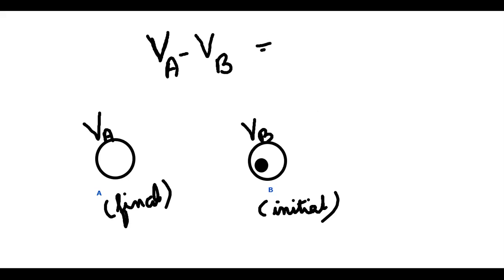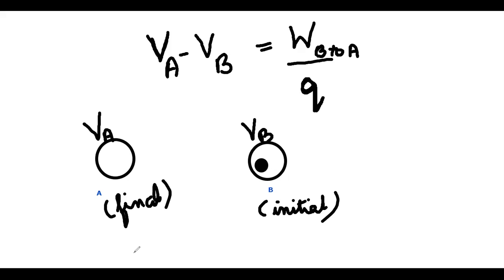So potential difference is defined as work done in moving a charge. Charge is represented by letter small q. So work done in moving a charge from B to A, that is from one conductor to another conductor.